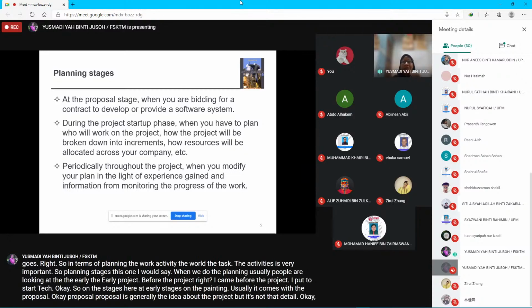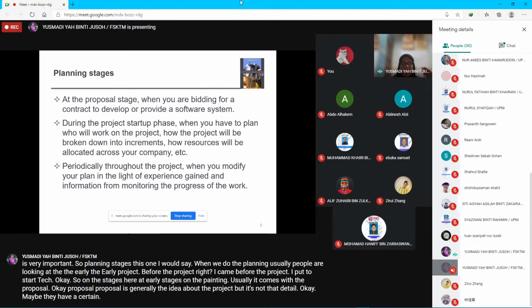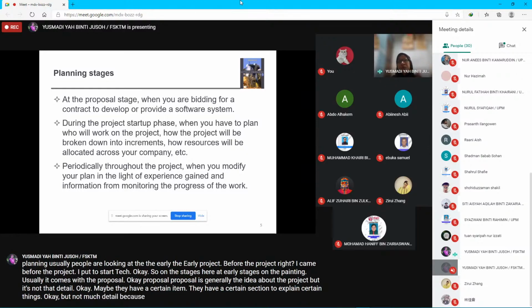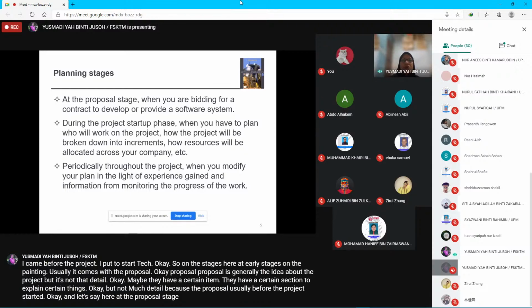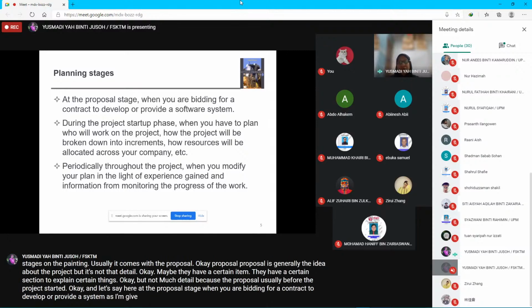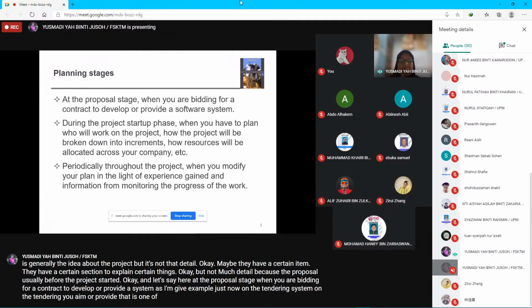Maybe it has certain sections to explain certain things, but not much detail, because the proposal is usually made before the project starts. Let's say at the proposal stage, you are bidding for a contract to develop or provide a system, as I gave the example just now of the tendering system. That is one of the examples, right?